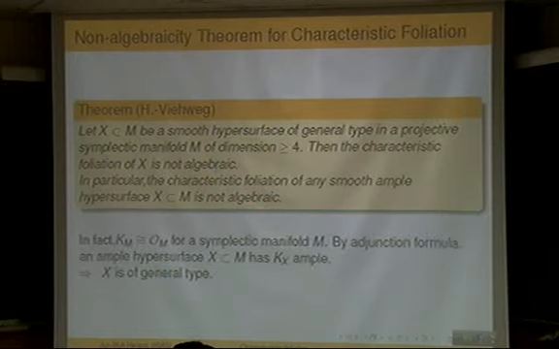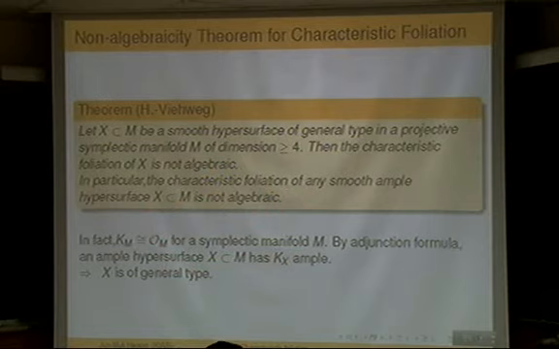The reason is, by the adjunction formula, for a symplectic manifold, because of the symplectic form, the canonical bundle is trivial. Now by adjunction, if you are given an ample hypersurface in a symplectic manifold, then the canonical bundle of the hypersurface is ample. So any ample hypersurface must be of general type. So this comes from the statement that any hypersurface of general type has non-algebraic characteristic foliation. This way you get many examples of hypersurfaces with non-algebraic characteristic foliation.